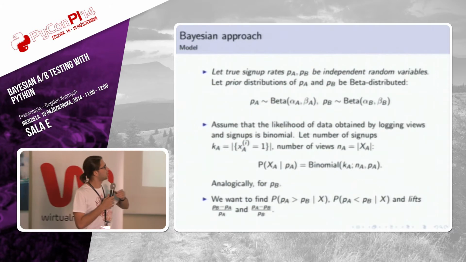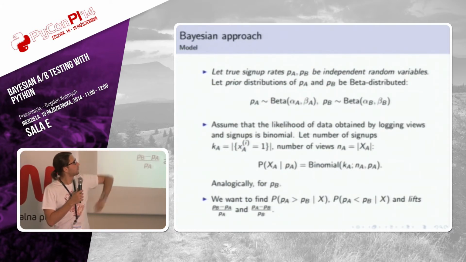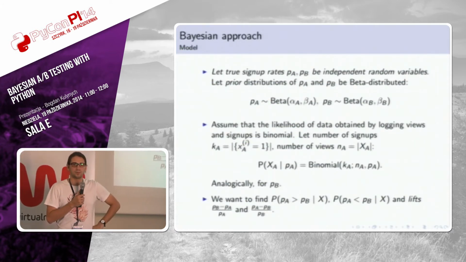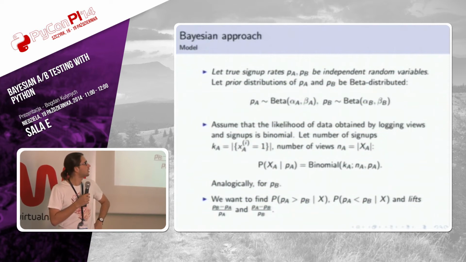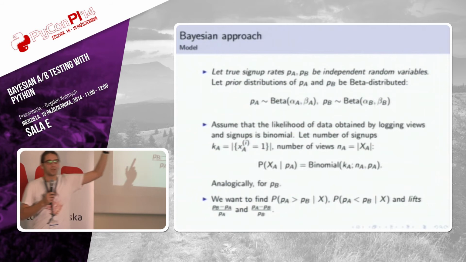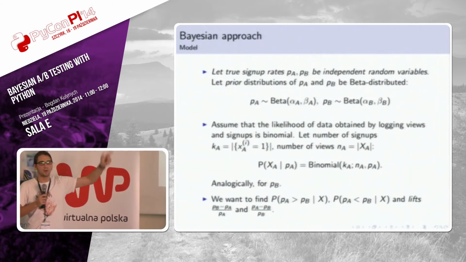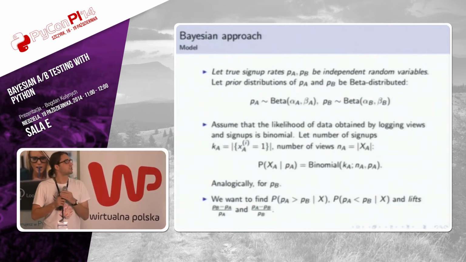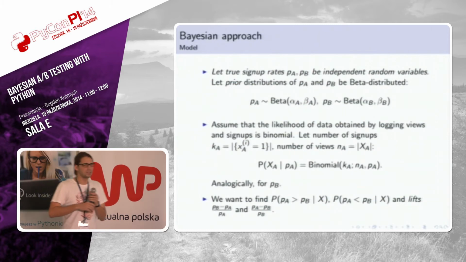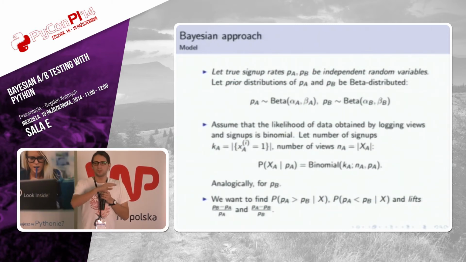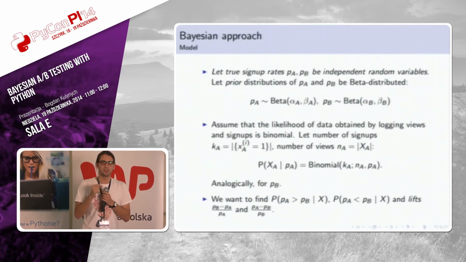So we need to set the likelihood, which for our case of click-through rate is binomial. And we need to set the prior distributions, which quantify our prior knowledge of the parameters. Ideally, since we know nothing from the start about the parameters, it could be a flat line, so every value from 0 to 1 is equally likely.